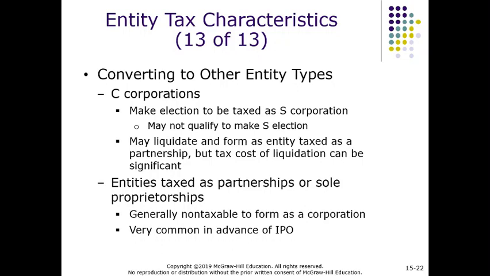But it's really hard for a C Corp to convert to a flow-through entity, because essentially what the C Corp has to do is liquidate and form as an entity that's taxed as a partnership. And when they liquidate, they have to essentially take each one of their assets that they own, and it's like they sell them at market value.